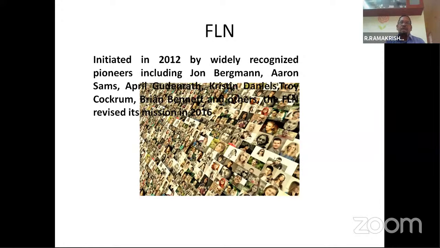They have the latest updates and the implementation strategies to be followed for making a classroom flipped. All those recent updates are available on the website of the official authority on flipped learning, the Flipped Learning Network.